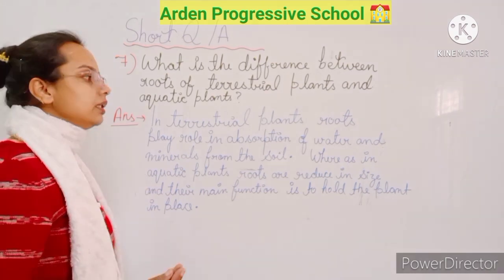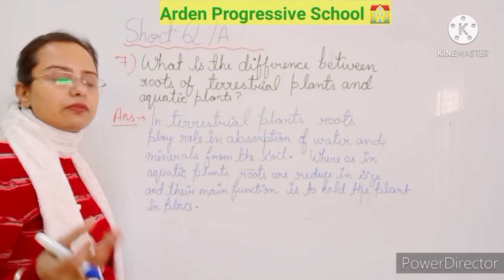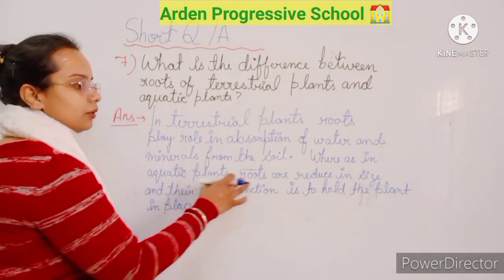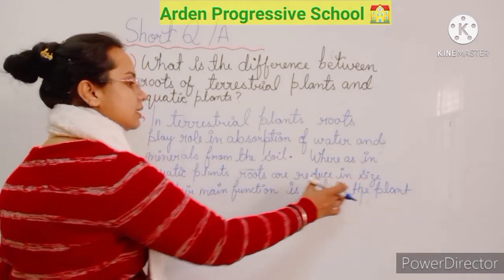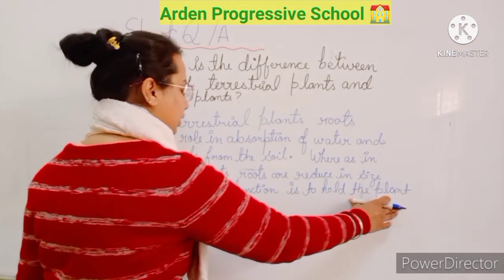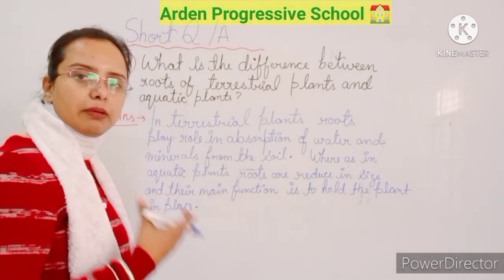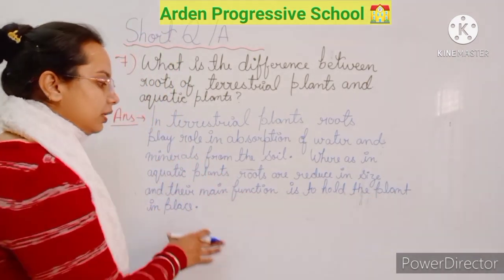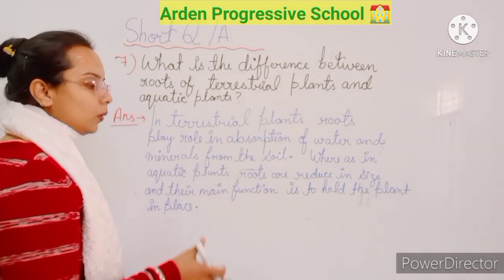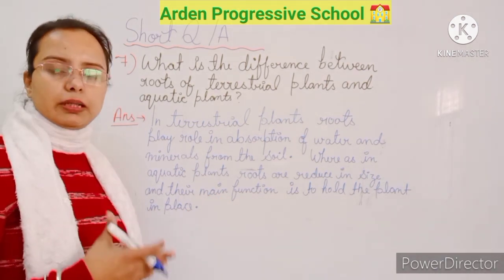Whereas in aquatic plants, roots are reduced in size and their main function is to hold the plant in its place.